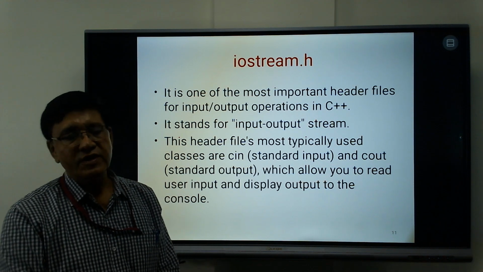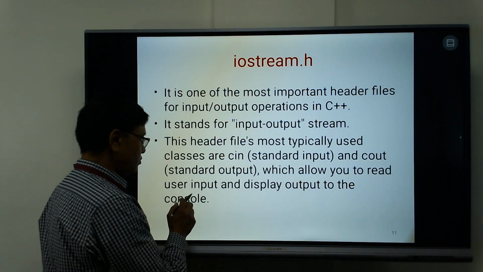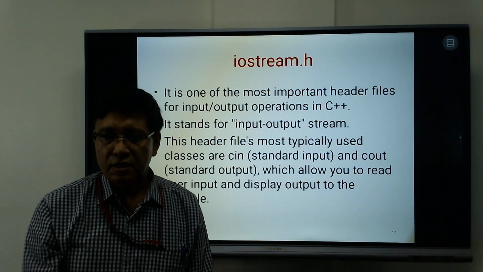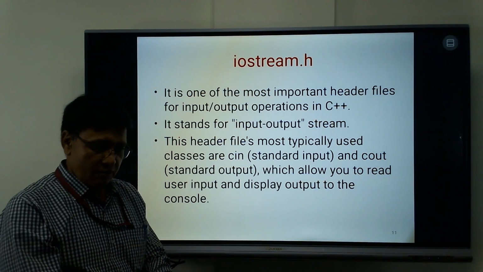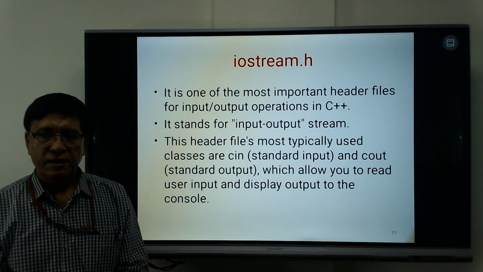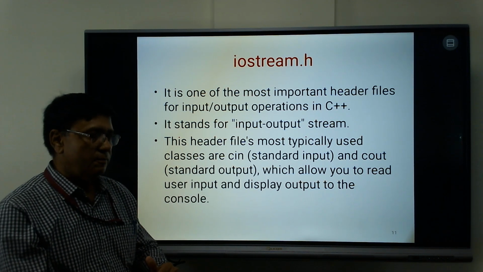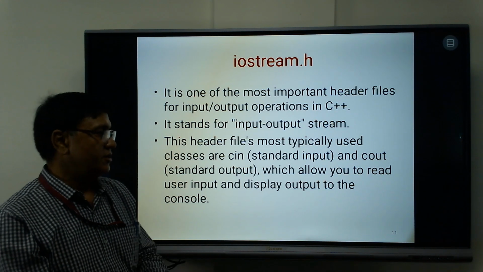The standard output device is always the monitor, which allows you to read user input and display the output. It means the cin statement is used to read inputs from the keyboard to memory, and the cout statement is used to display memory variable values or any message to the monitor, the output device.